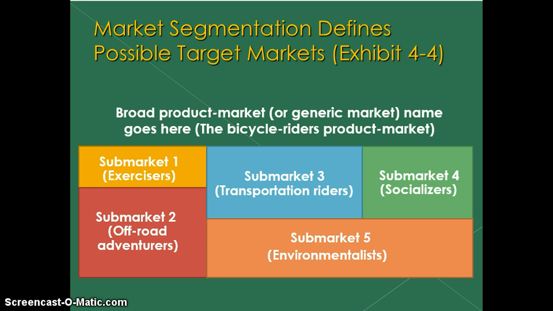And then number 5, environmentalists who don't want to use pollution for the cars, and they want to try to save the environment. So this is just an example where you can see 5 different submarkets for this broad product market of all bicycle riders, and it gives you an idea as to how many different elements there are included in this.